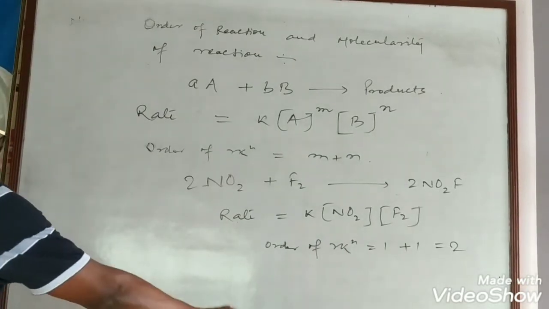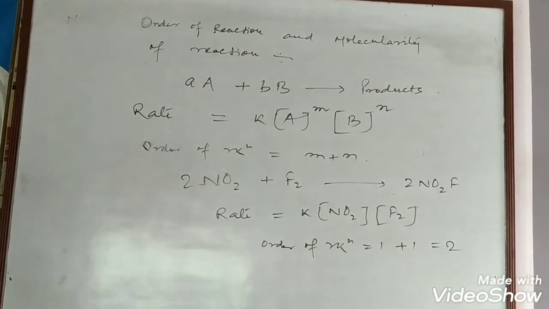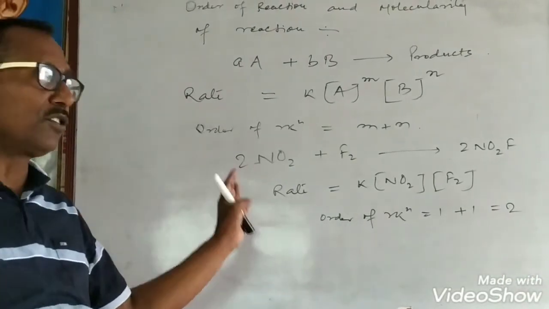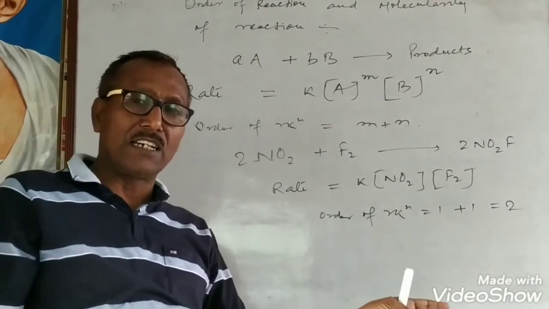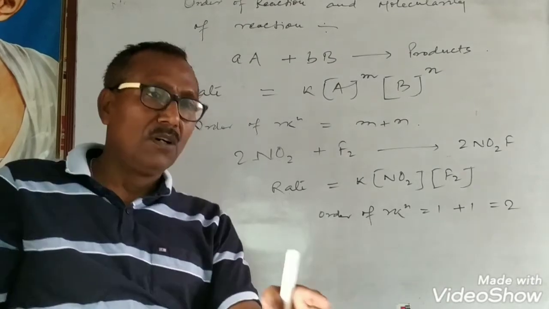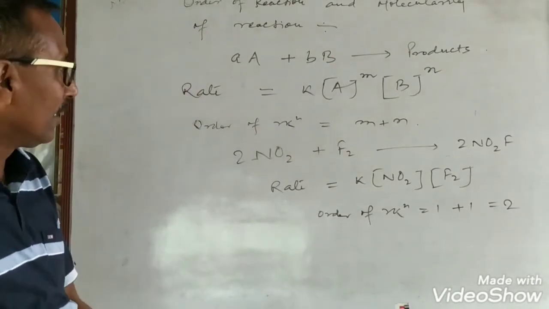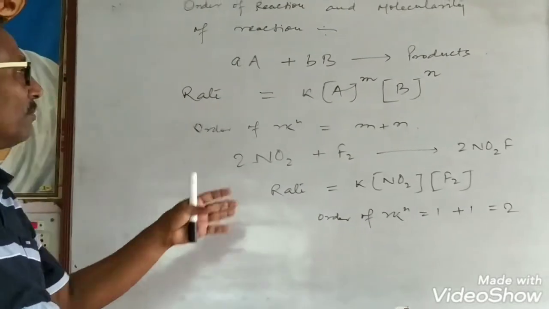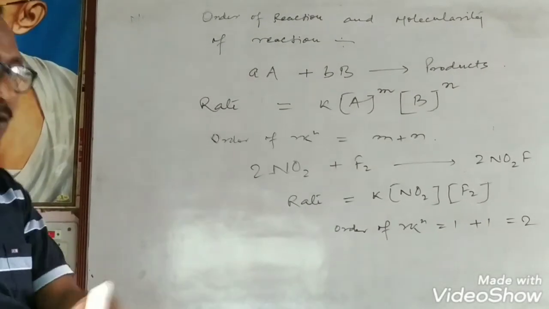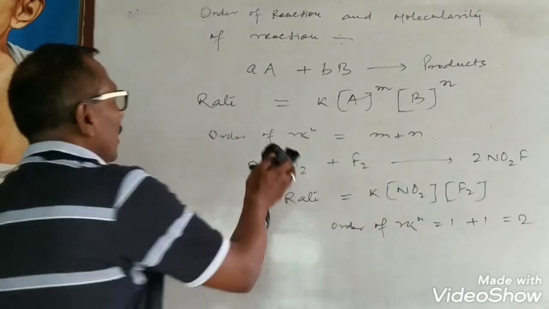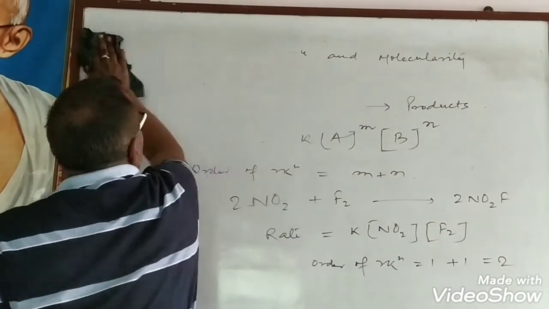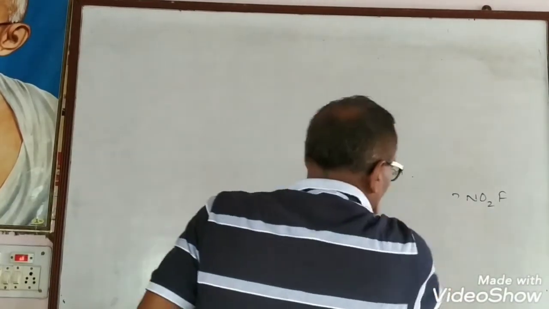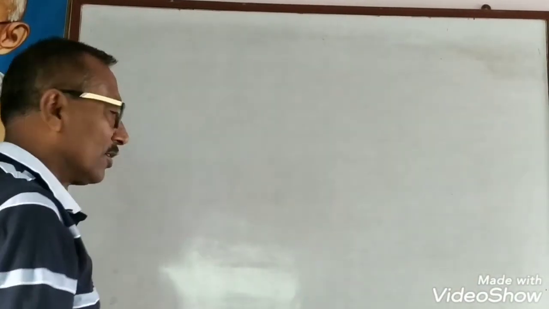So in this way we have many reactions: zero order reaction, first order reaction, second order reaction, third order reaction, fractional order reaction. So we have various types of reaction of different order. Take one question. I am giving you a question on order of reaction.